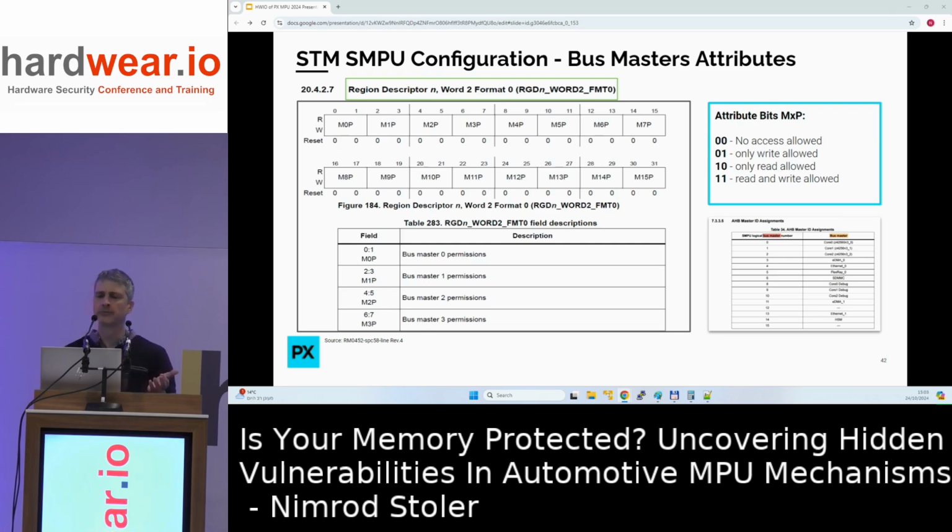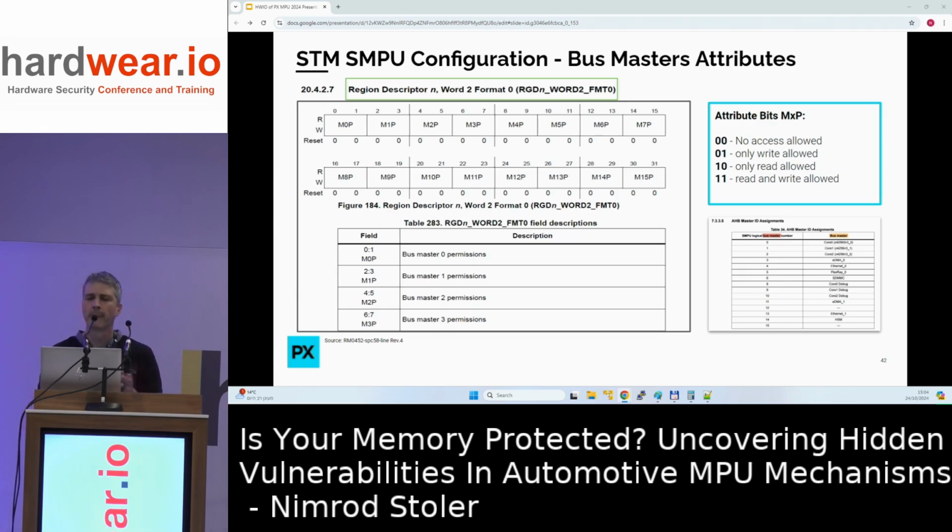In region descriptor word 2, we have the list of bus masters for the specific memory region and their access attributes. Each bus master has its own read and write attributes, specified using 2 bits. These bit definitions are listed in the table on the right-hand side of the slide.